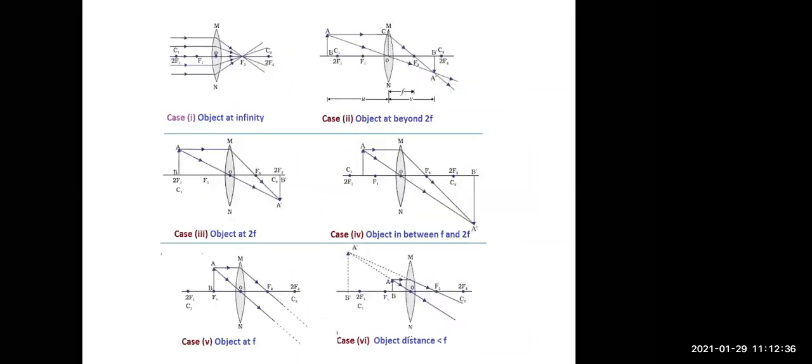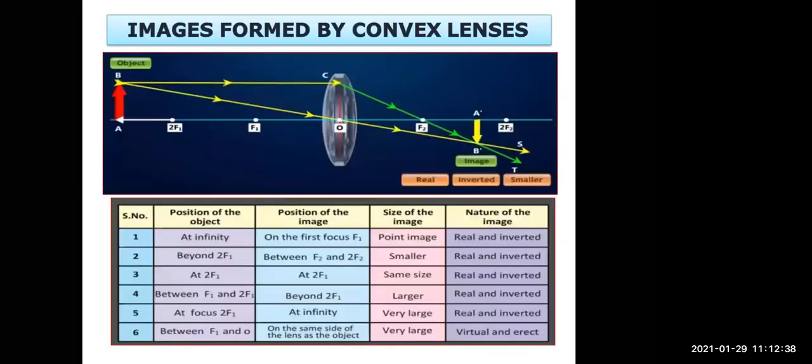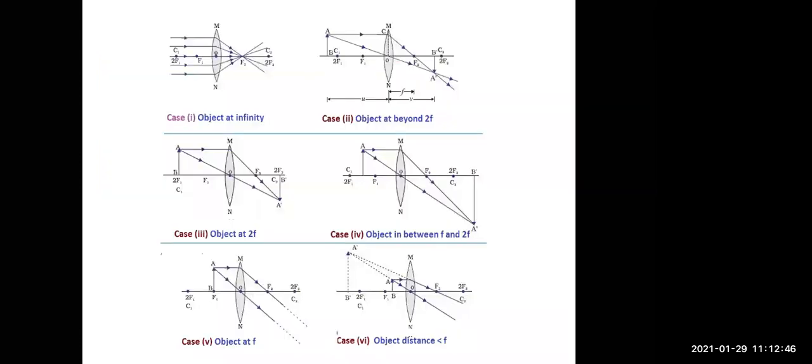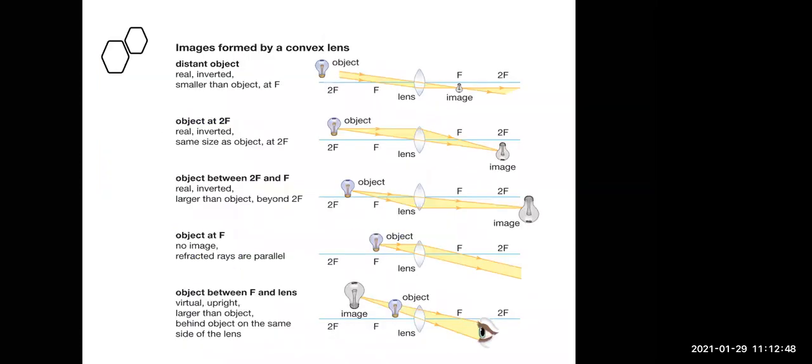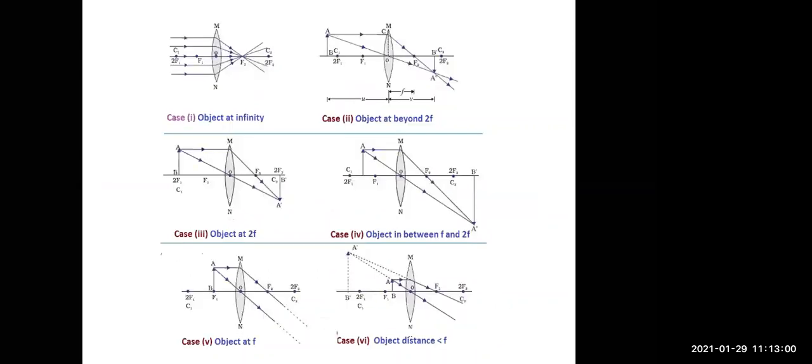So these are the cases. This is also there in your textbook on page number 83. These cases are given, and on the basis of those cases, these are the ray diagrams. And in all these ray diagrams for images formed by convex lenses, only those three rules are applied.